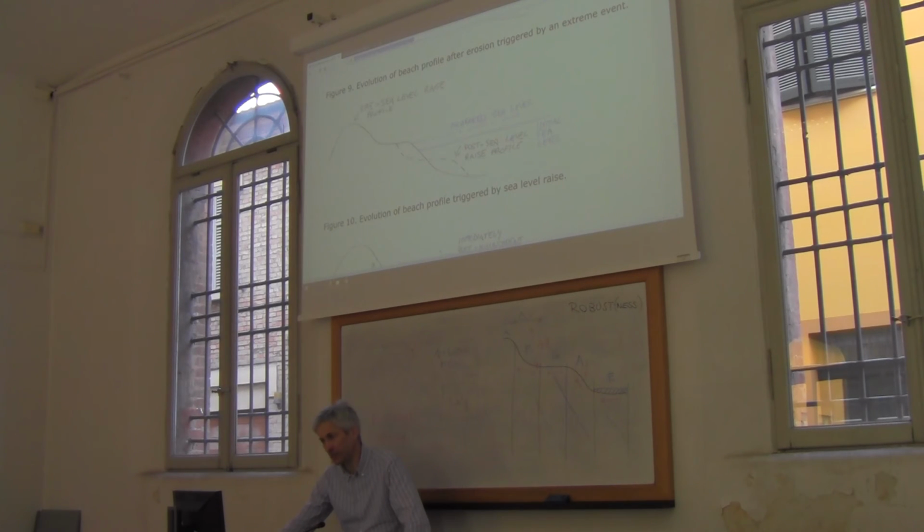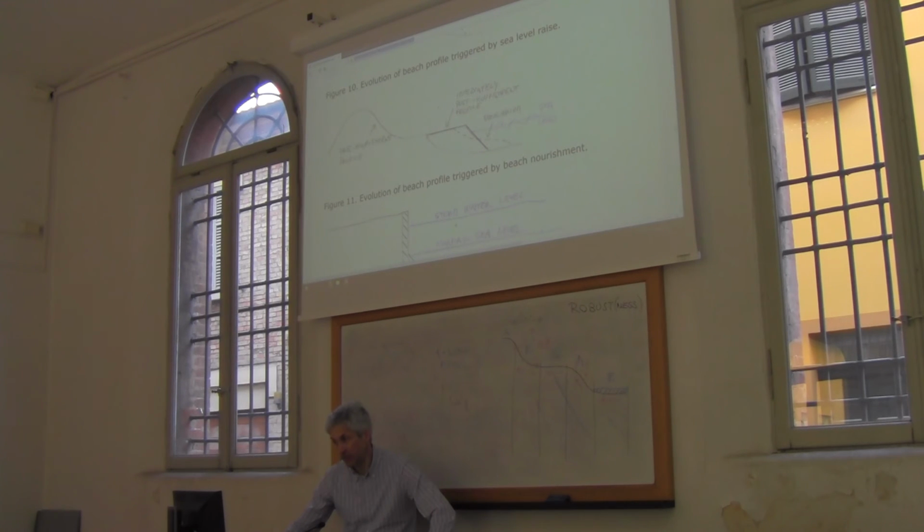By the way, I found these schemes on the web and I withdrew them because they were copyrighted. But if you look on the web, Short Sediment Transport, you find much nicer figures, which are similar but nicer. And this is what happens if you adopt beach nourishment.